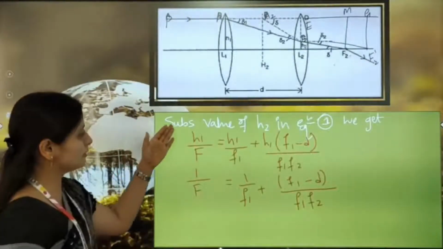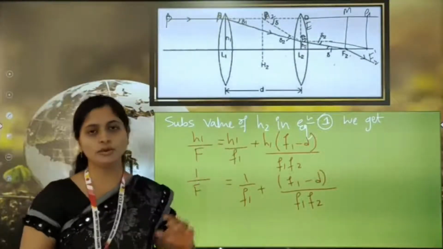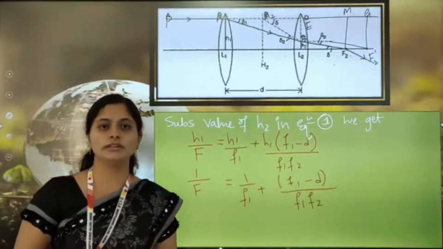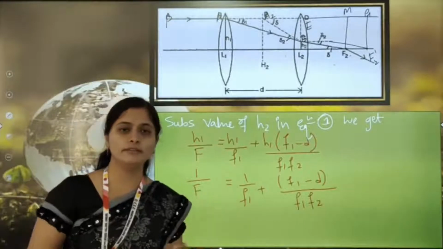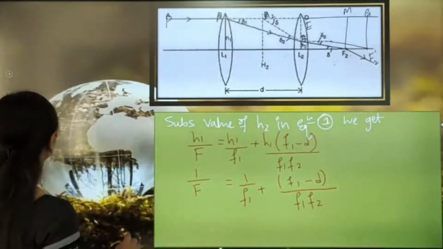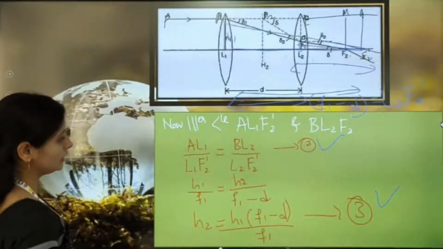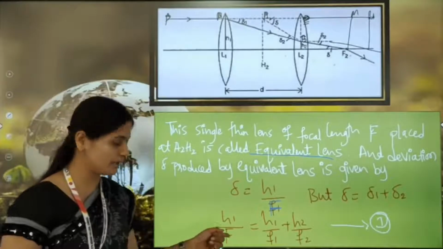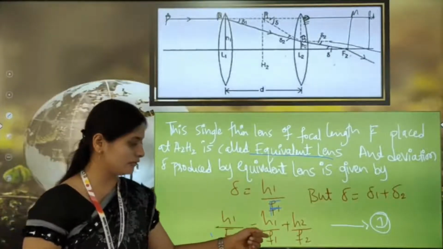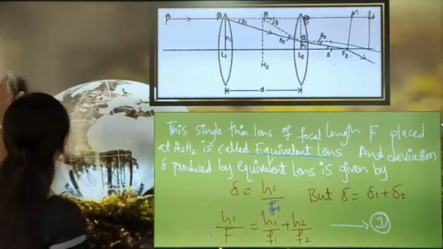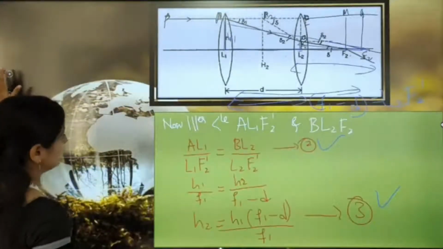So see here, substituting the value of h2 in equation 1 we get. Already we have equation number 1. First of all I will show you our equation number 1. Our equation is h1 divided by f equal to h1 by f1 plus h2 by f2.